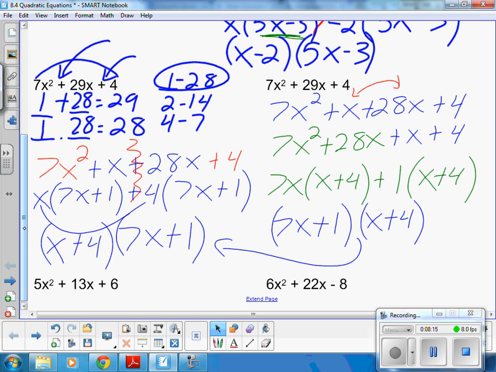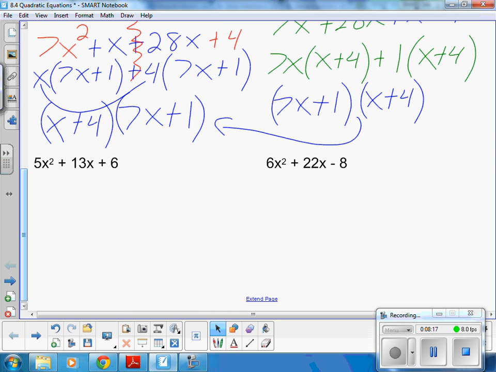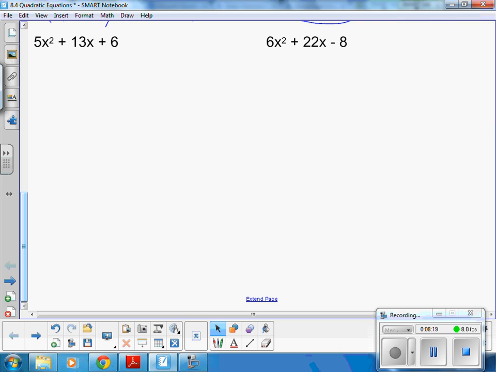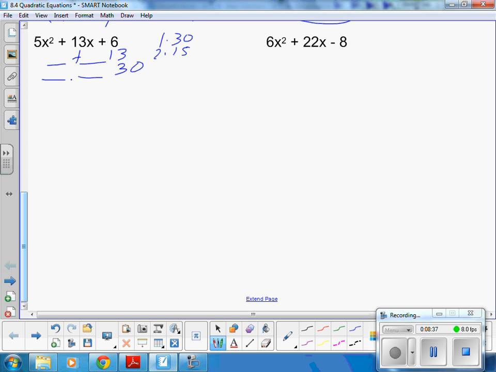All right, so let's take a look at these two problems here in the bottom. I need numbers that are going to add to 13 and numbers that are going to multiply to 30. So again, I'm going to have 1 and 30, 2 and 15, 3 and 10, 5 and 6.